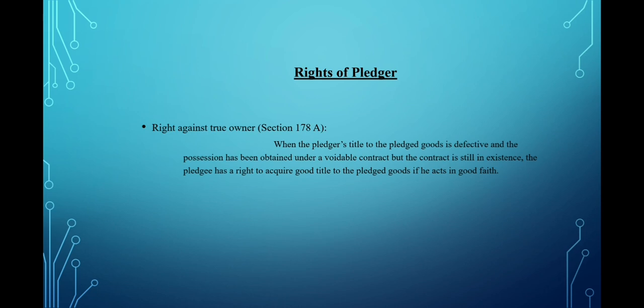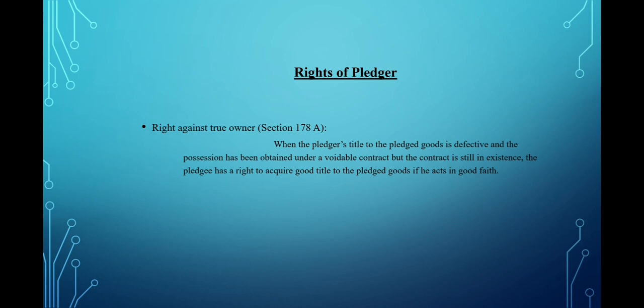When the pledger's title to the pledged goods is defective and the possession has been obtained under a voidable contract but the contract is still in existence, the pledgee has a right to acquire good title to the pledged goods if he acts in good faith.